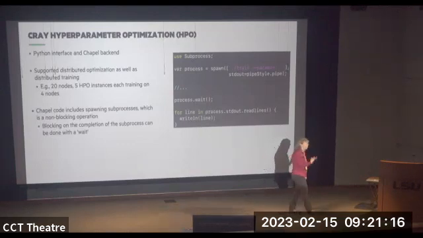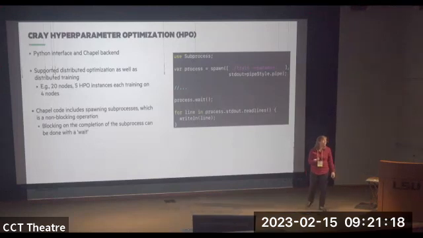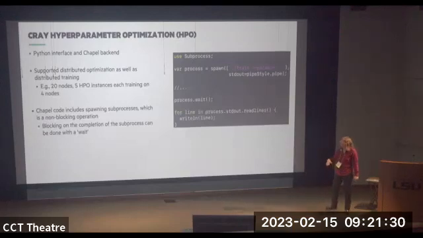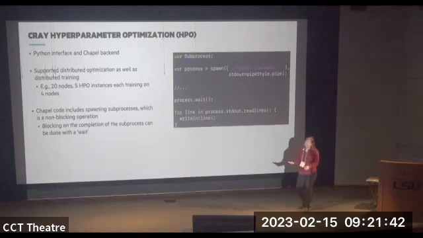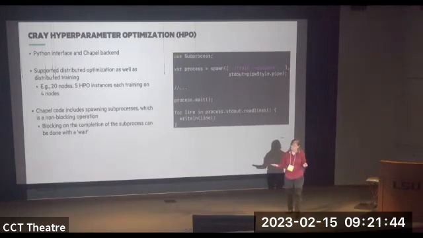And so this code does use the coforalls to get at distributed and shared memory parallelism. But what I'm showing on this slide is how this code is also spawning off asynchronous subprocesses. This is available in the subprocess module, a standard module provided with Chapel. There is a spawn function, which will spawn off a subprocess.